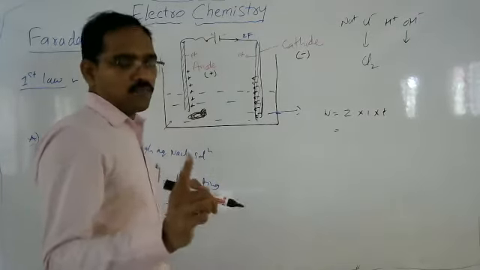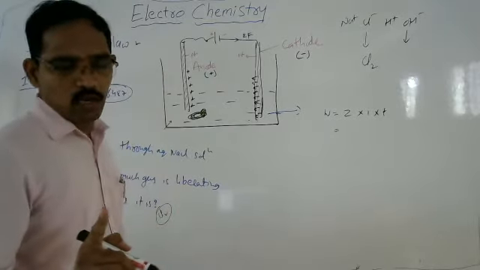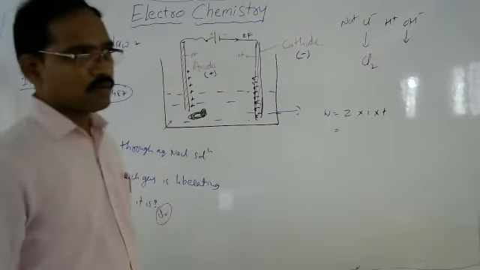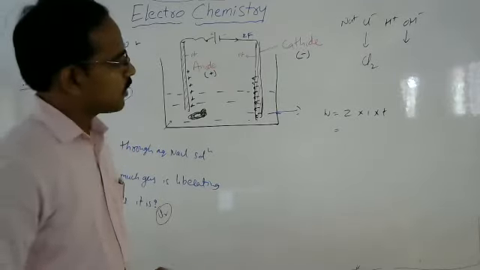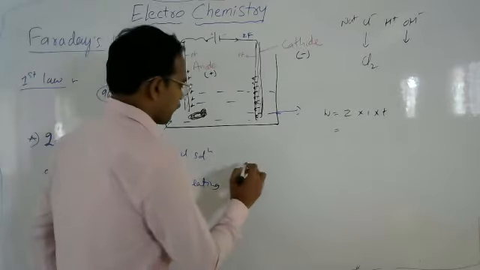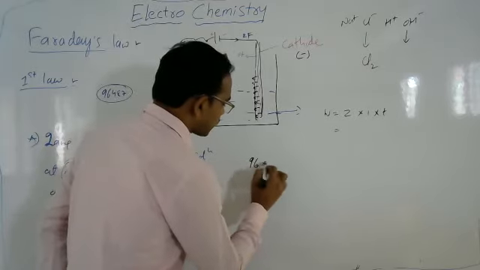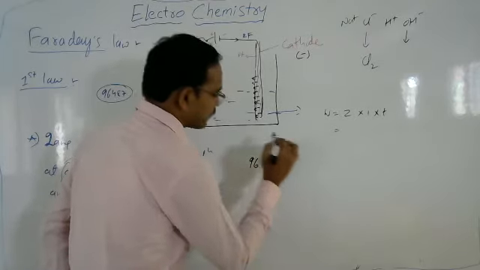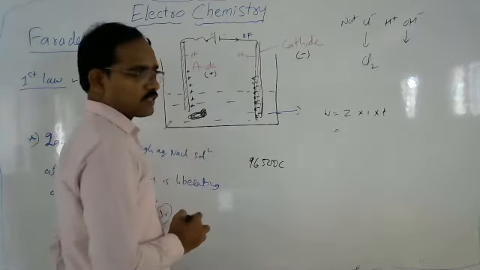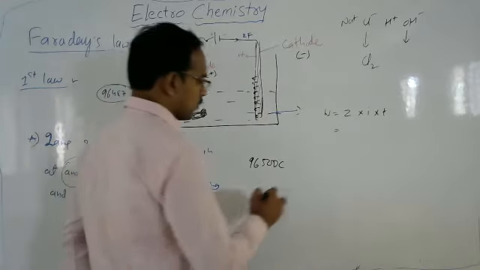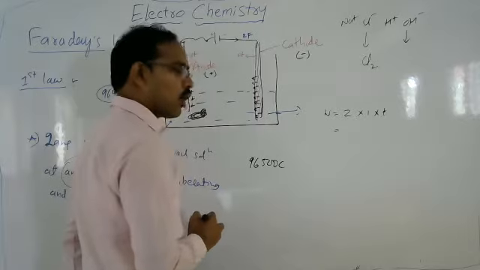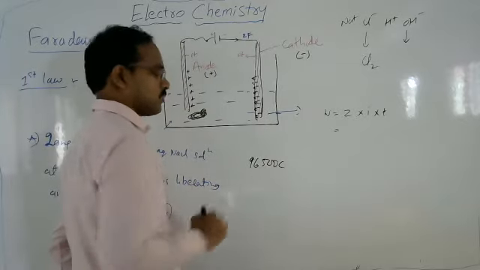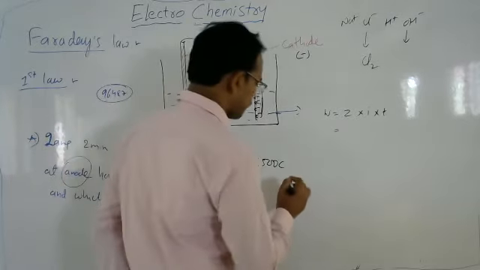When 1 coulomb is passing, how much gas or metal is depositing or liberating? So when 96,500 coulombs of charge is exchanged, how much chlorine will get deposited or liberated?